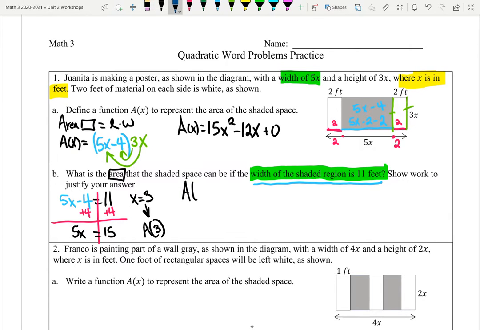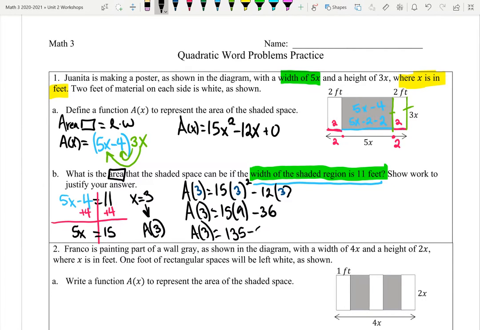So A of 3 is going to be equal to 15 times 3 squared minus 12 times 3. Go ahead and use order of operations to clean this up. 15 times 9 minus 36. 15 times 10 is 150. So 15 less than that is going to be 135 minus 36. 135 minus 35 is 100.